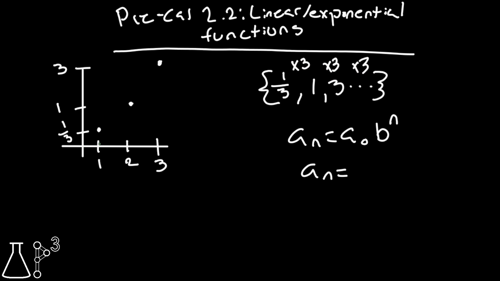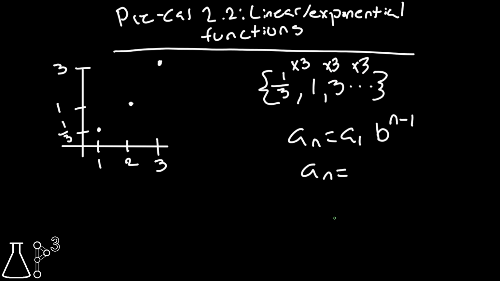So we're going to do the same exact trick we did last time. We are going to replace our 0 here with a 1, and then we're going to come up here to the exponent and subtract 1.